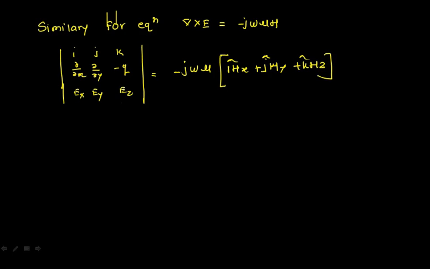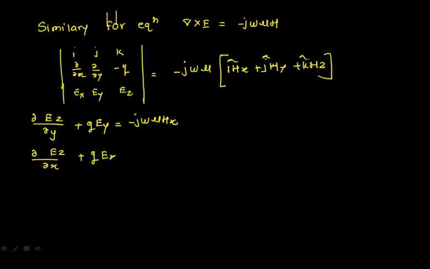Now further solving this equation, I'll get another three equations, which is nothing but ∂Ez/∂y plus γEy is equal to minus jωμHx. ∂Ez/∂x plus γEx is equal to plus jωμHy. ∂Ey/∂x, sorry, this will be minus ∂Ex/∂y is equal to minus jωμHz.